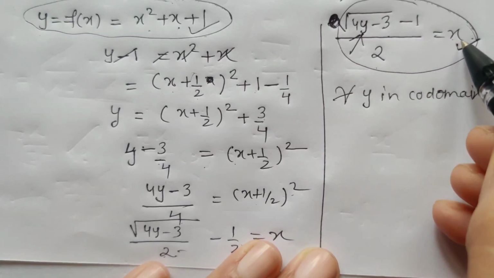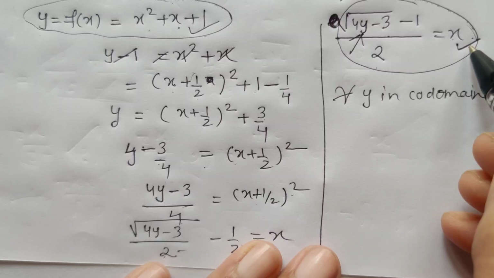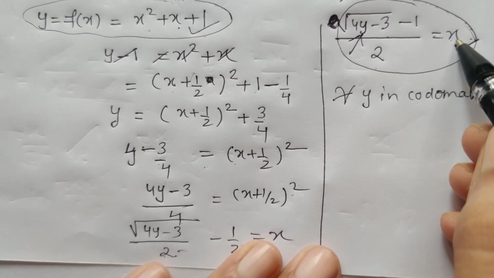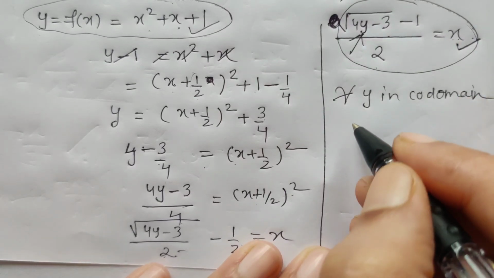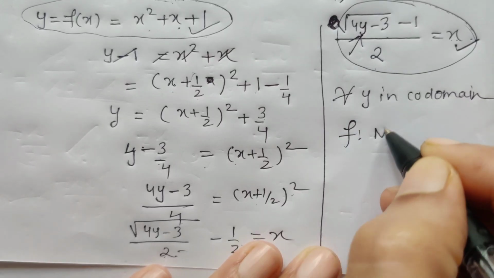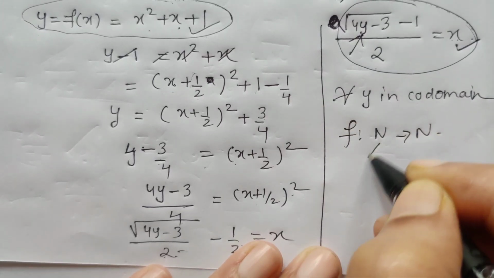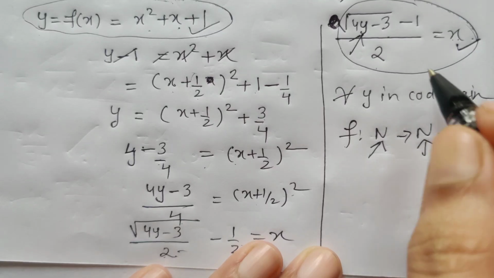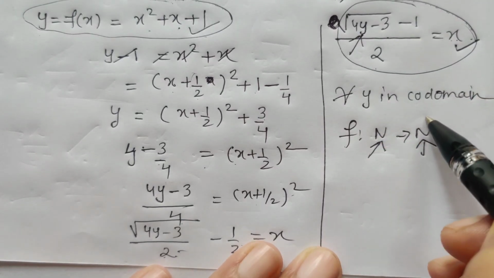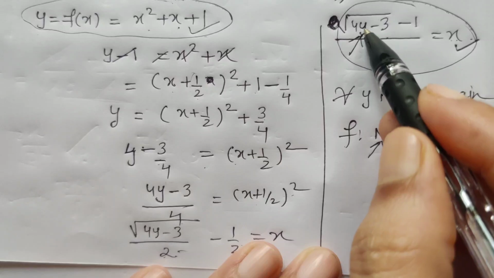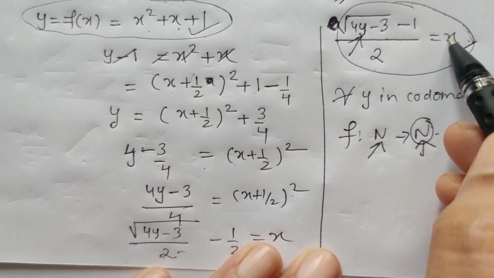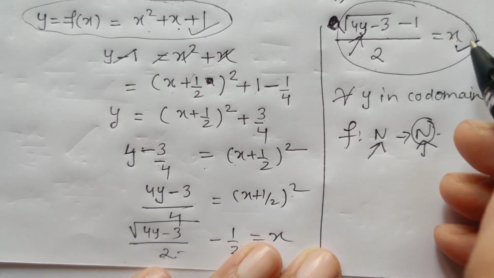But x = 0 does not exist in the domain, because the domain contains all natural numbers as per the given definition of the function, that f is from N to N. This is the definition. So the domain is natural numbers and the codomain is natural numbers. So if I am putting 1 from the codomain here, what element am I getting in the domain? 0, which is not in the domain.